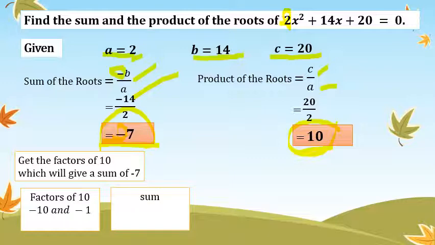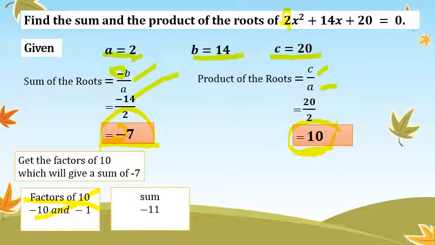Negative 10 plus negative 1, it's negative 11. So, ibig sabihin, negative 10 and negative 1 is not the factor kasi hindi negative 7 ang sagot. So, mag-try ulit tayo ng ibang number.